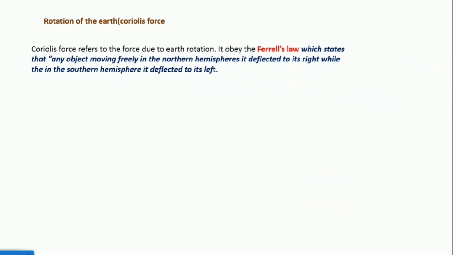Coriolis force refers to the force due to earth rotation. We might note that it obeys Ferrel's law. Ferrel's law states that any object moving freely in the northern hemisphere is deflected to its right, while in the southern hemisphere it is deflected to its left.